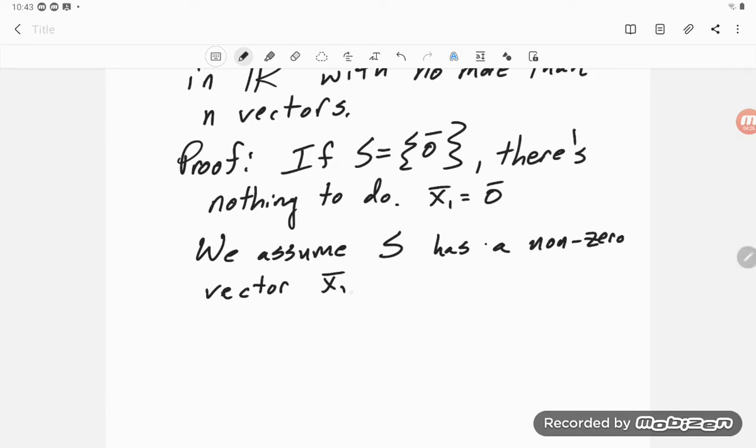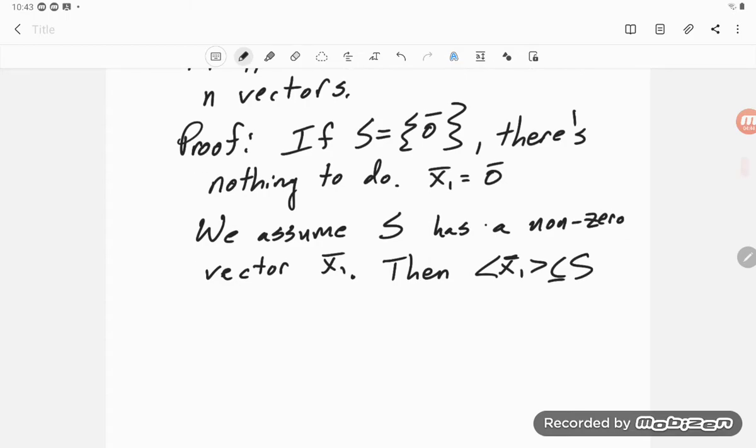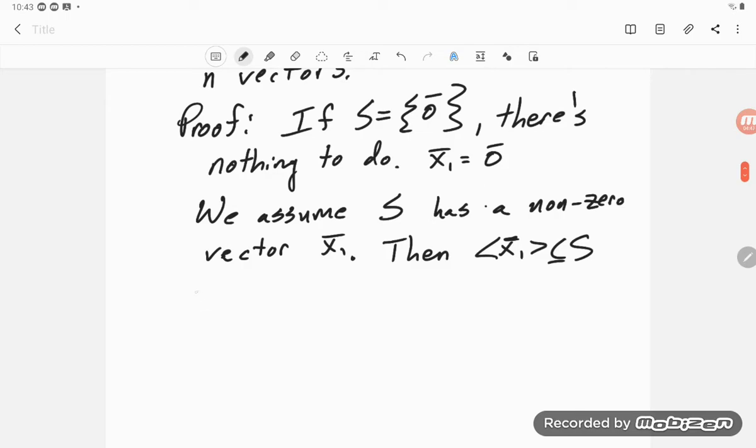Now, if that's the case, the subspace generated by x1 is a subspace of S, as S itself is a subspace.